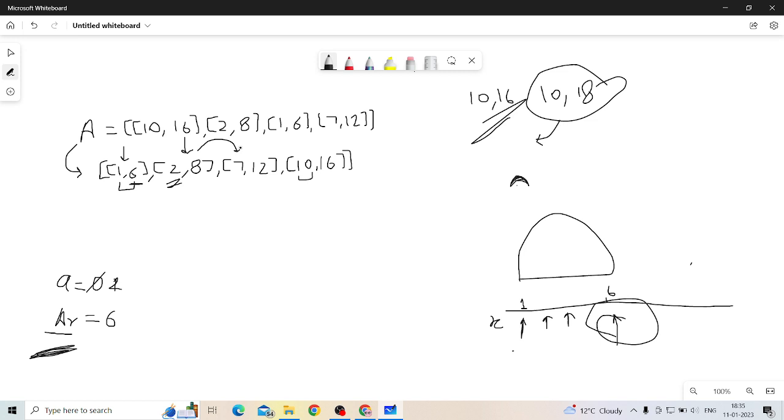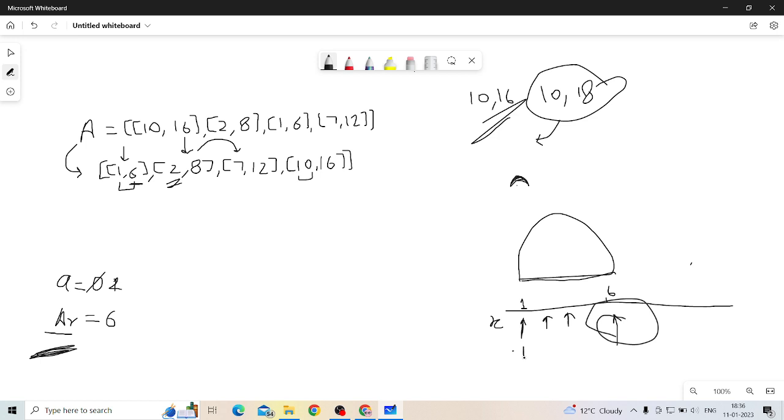Are you understanding what I'm saying? The balloon is from 1 to 6. For the first balloon, obviously I have to take one arrow. So I have taken one arrow. Where from we will throw the arrow?